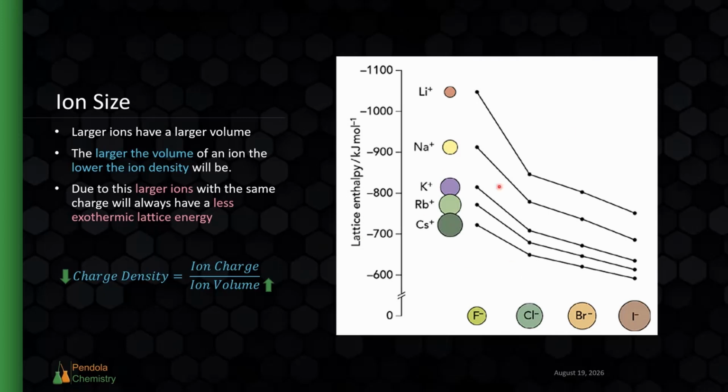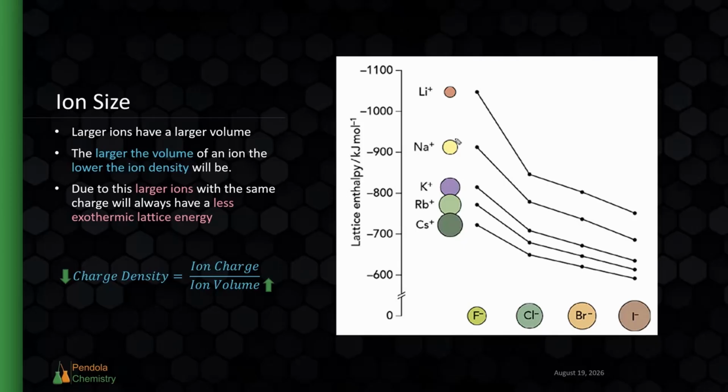So we can see that here. Here we have the lattice energy, because remember, lattice energy is for a compound. Here we have the lattice energy for a different combination of group 1 cations and group 17 anions. So how do we read this? This is lithium, sodium, potassium, rubidium, and cesium.